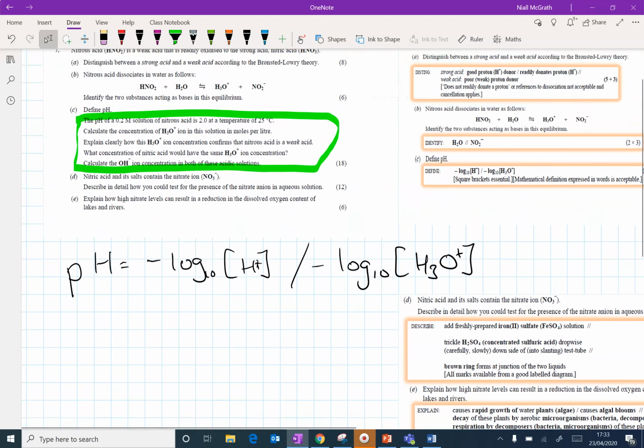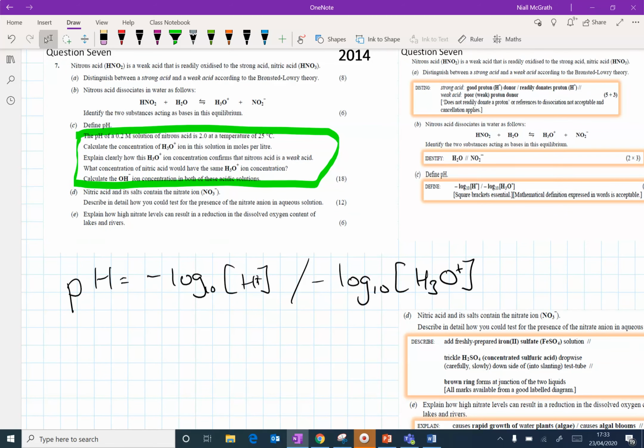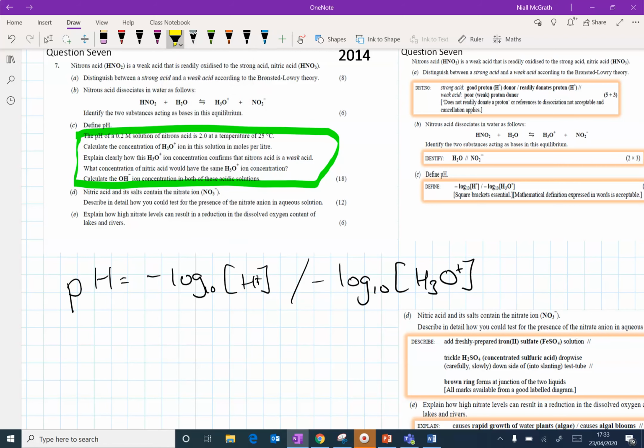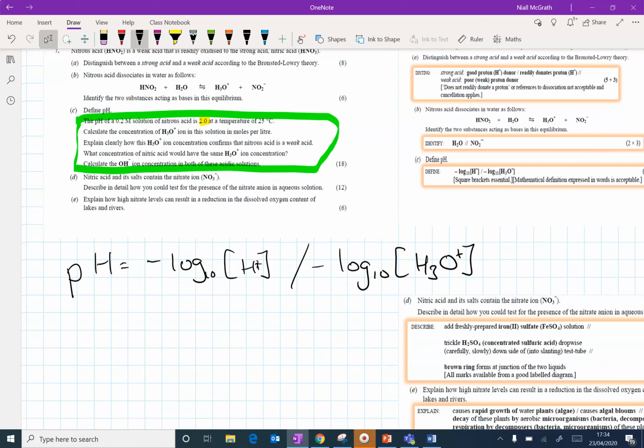Now we know the pH. In our question they say that our pH is 2. So 2 is going to be equal to minus log of the concentration.